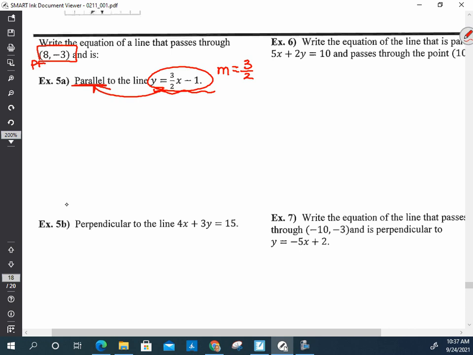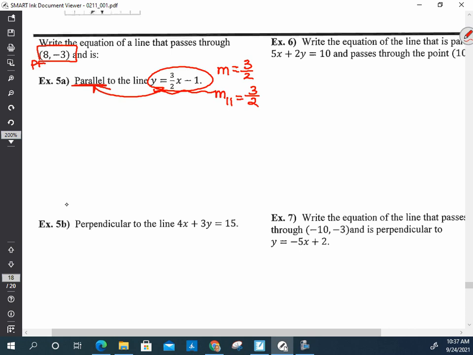Remember, parallel slopes have to be the same. So if the first slope was 3/2, the parallel slope has to be 3/2. So we use the equation to identify the slope and to get the parallel slope in this case.